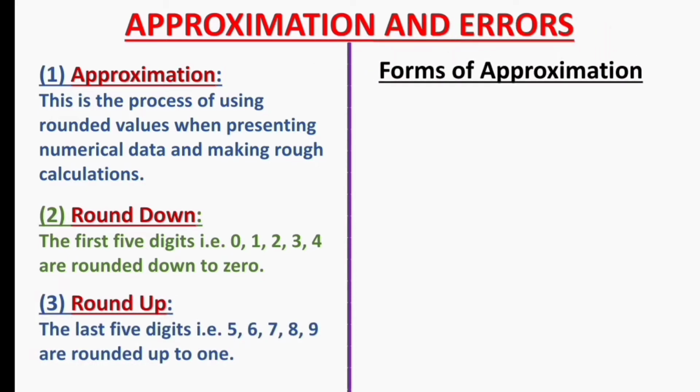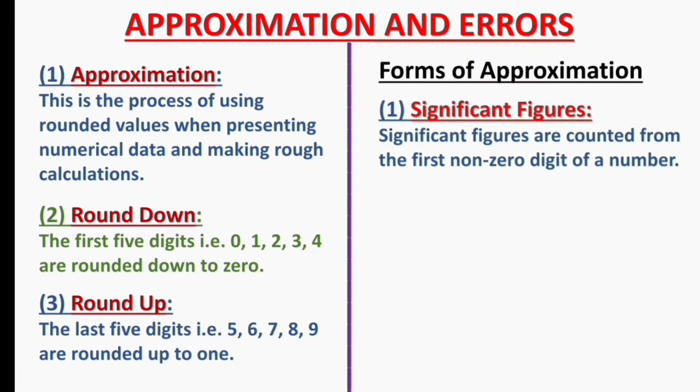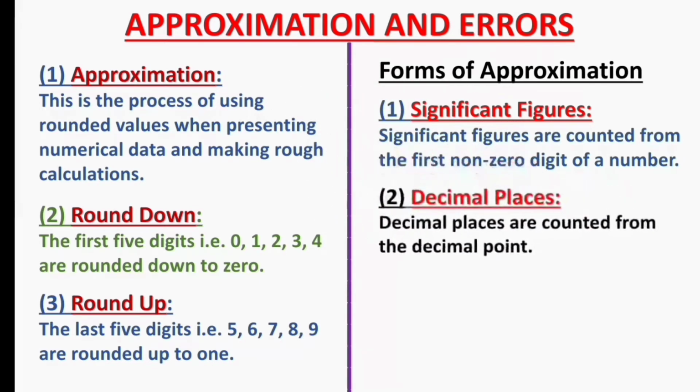Let's look at the 3 forms of approximation. Number 1, significant figures. Significant figures are counted from the first non-zero digit of a number. Number 2, decimal places. Decimal places are counted from the decimal point.